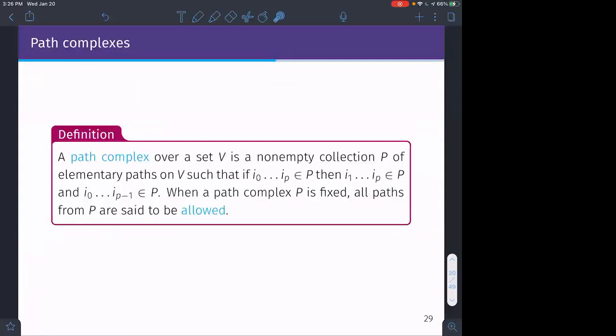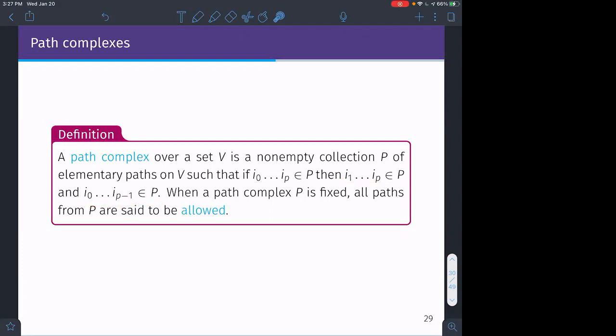So, an example of a path complex. I'm defining the path complex on the very general paths that I'm not quite going to be using. But that's just so I can say that the path complex is closed under inclusion, where any sequence from 0 to p being in the complex implies that the subsequences are too, so if I trim off the first vertex or the last vertex, those subpaths are also in the path complex.